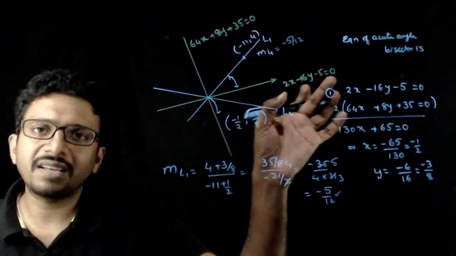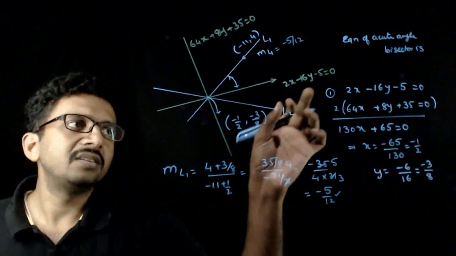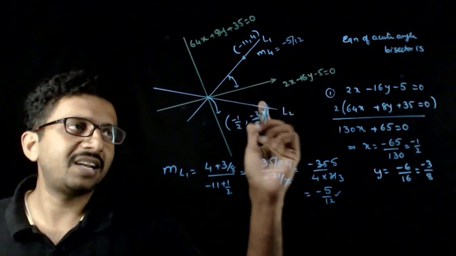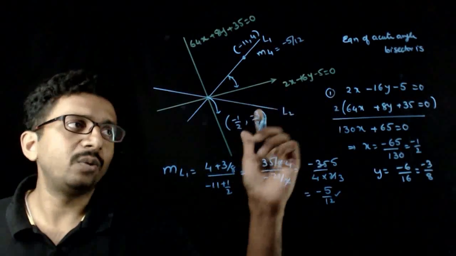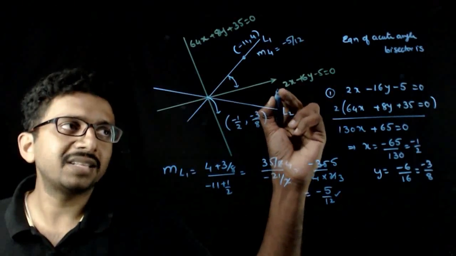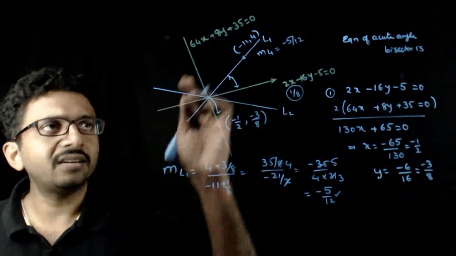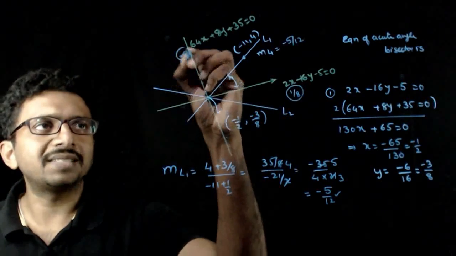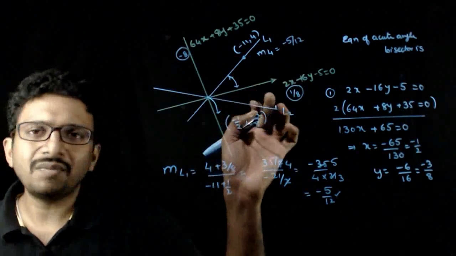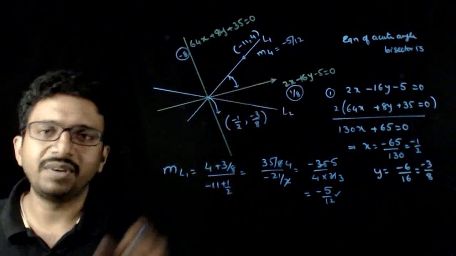Now let us select any one of these lines. The slope of my line 2x minus 16y minus 5 is minus of 2 by minus 16, so the slope is 1 by 8. For the other line, the slope is minus 8. You can select any one of the lines and find the angle between these two.